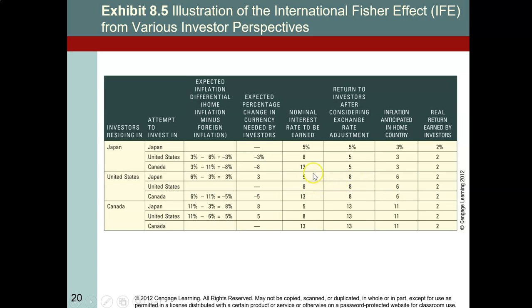They could have a higher nominal interest rate if they invest in the US or Canada, but because of the inflation difference and the exchange rate adjustment, they're actually making the same return in the three cases. And after we adjust for domestic inflation, we have a 2% real return. For Canada, same case, we also have a 2% real return.